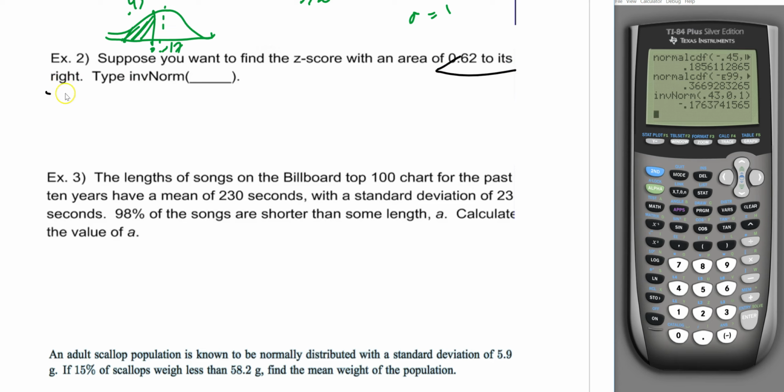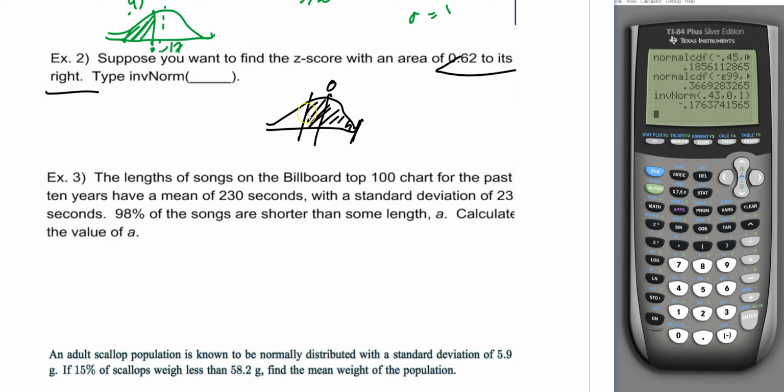Right, this area is to its right, so it's saying, hey, 0.62. Now think that you're starting from the right-hand side, like it's too heavy or too big or something like that. You have to start from the right-hand side. 0.62, that's more than halfway. Halfway is 50%, so this is over here actually, 60%, more than halfway.